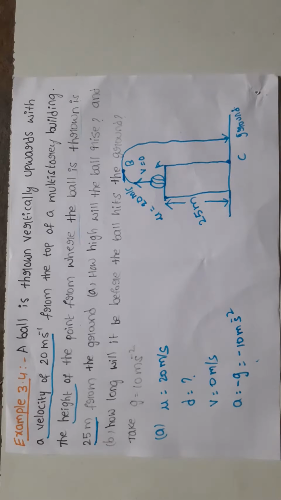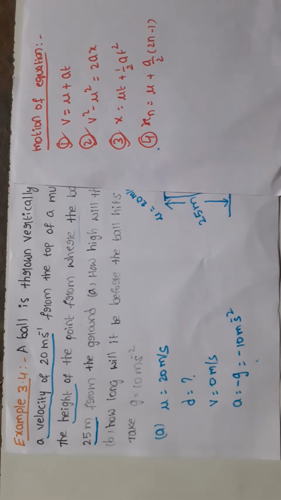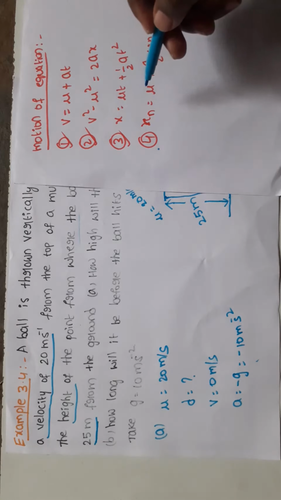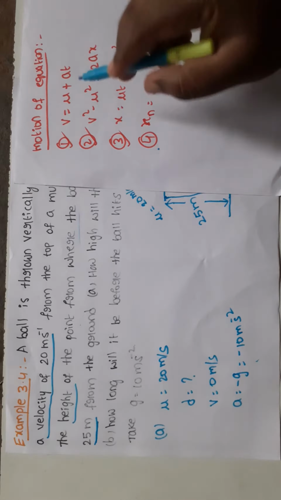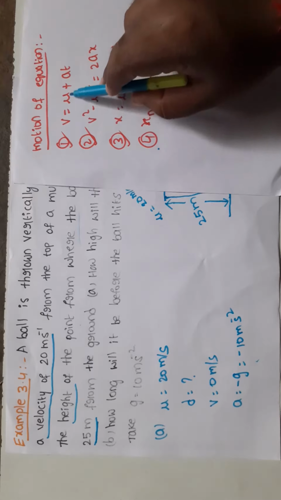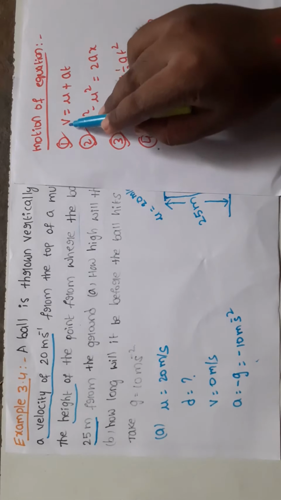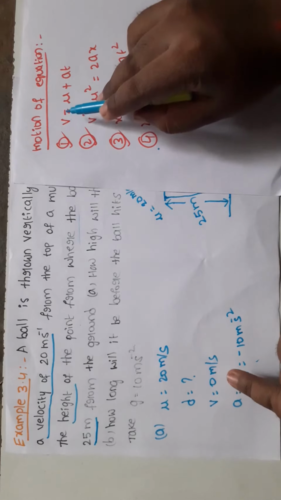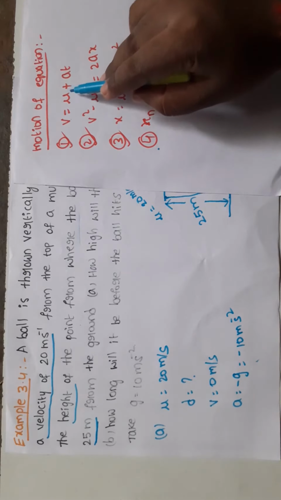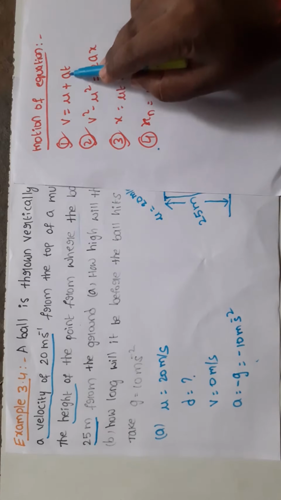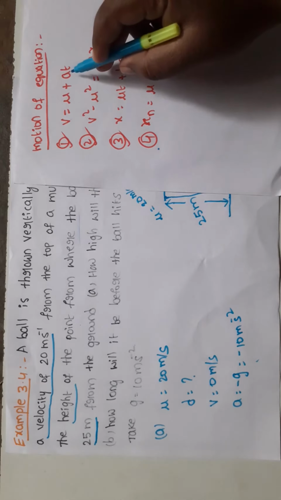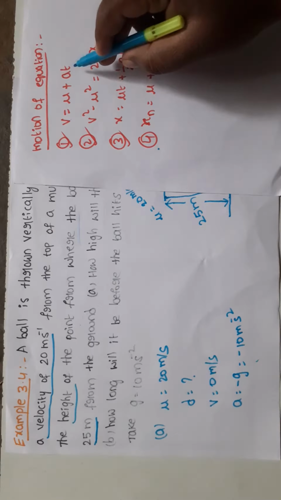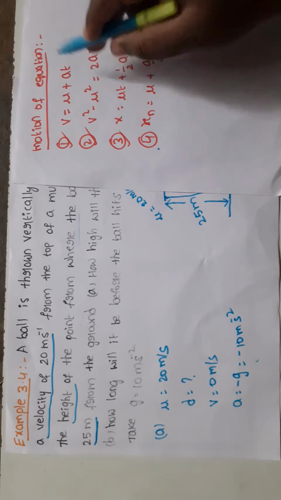So which equation is suitable? These are the four equations. Which equation is suitable for the values? First equation, v equal to u plus at. We know v equal to 0 meters per second, u equal to 20 meters per second, a means acceleration, minus 10 meters per second squared, and t.